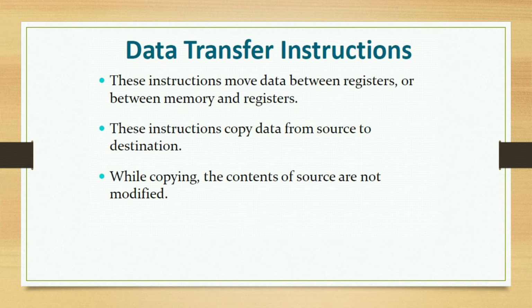First one is data transfer instruction. In data transfer instruction, we transfer or copy the data from register to another register, or register to memory, or memory to register. This instruction copies data from source to destination.